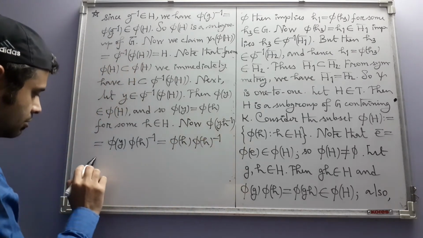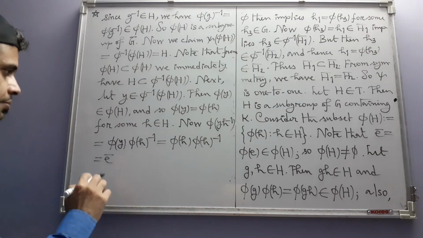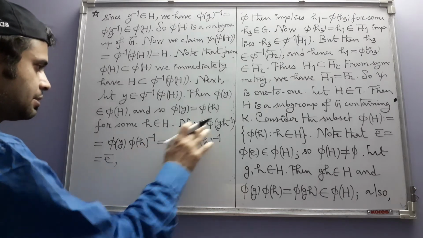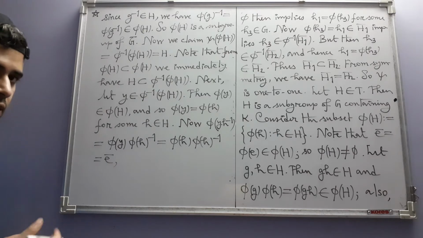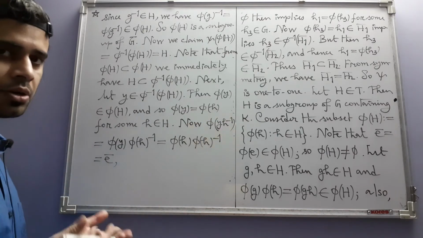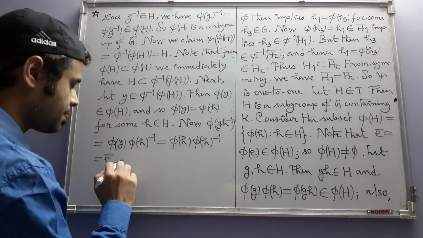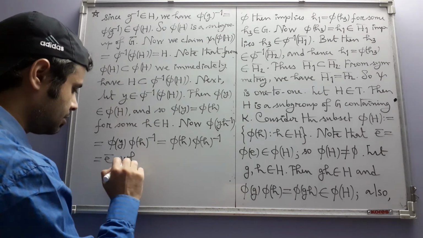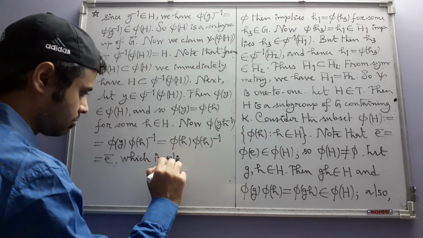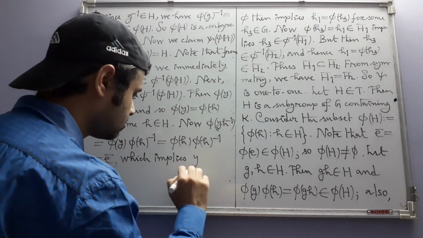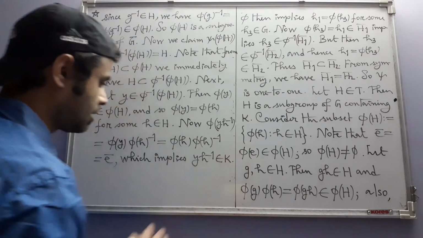So this is equal to the identity element in G bar. But what does this imply? The phi image of y h inverse being the identity, it just says that y h inverse belongs to the kernel of phi.